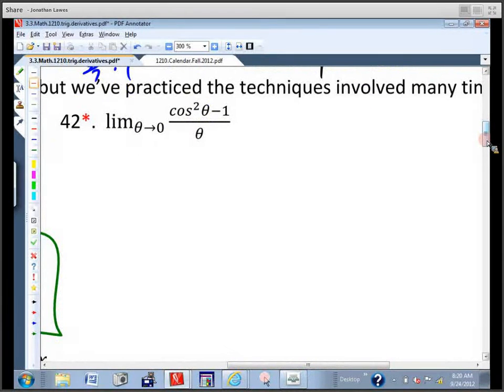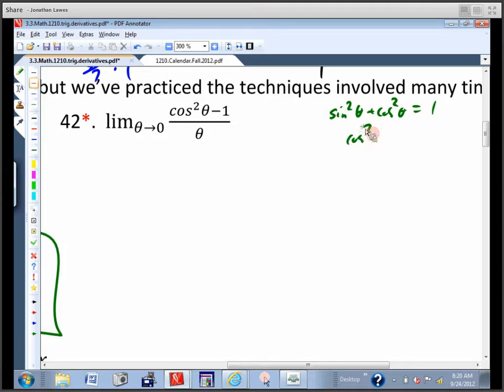What's that? You could use the Pythagorean Identity. So sine squared of theta plus cosine squared of theta equals 1. You could do that. Let's see, so if I need a cosine squared minus 1, that means I'd need to move the sine squared over here and the 1 over here.